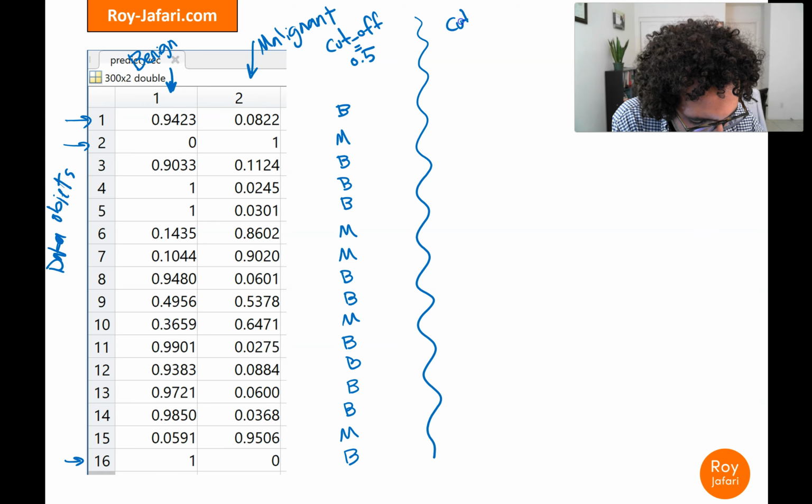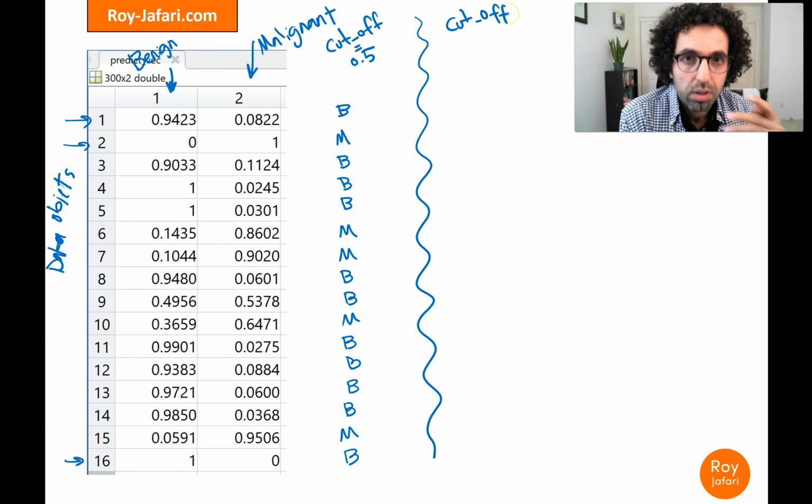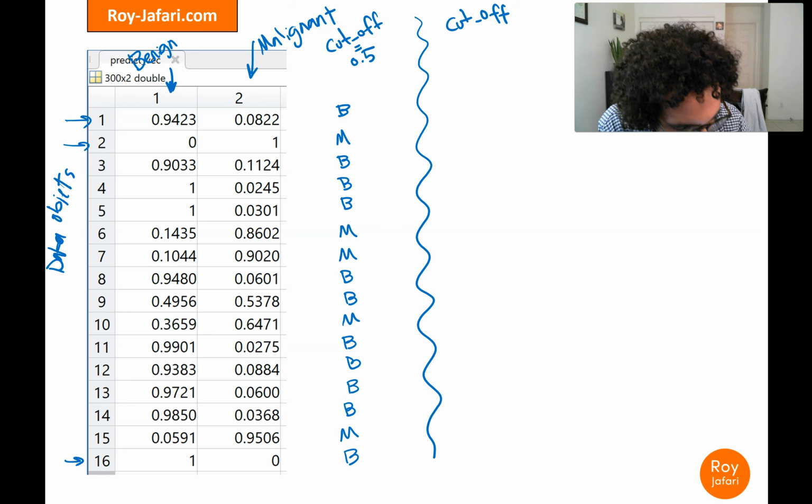If I do that, I change the chance of having a malignant, because I know malignant cases are more costly. I'm okay having more false positives so I can have fewer false negatives, correct? So that's why I'm doing this.